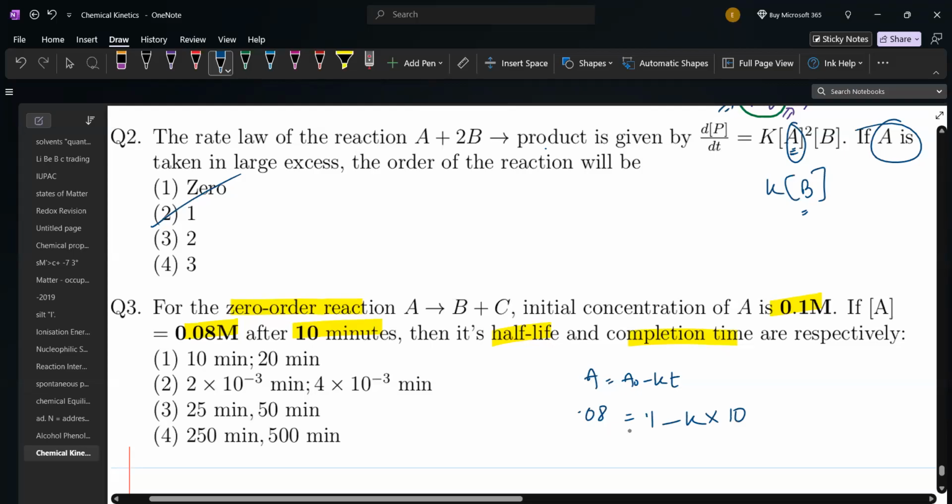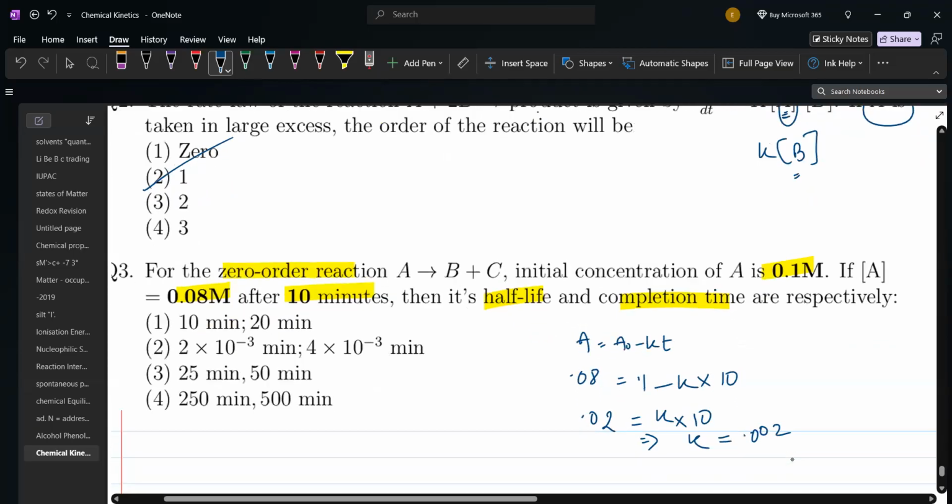So 0.02 is equal to K into T. So K will be 0.02 upon 10, which will be 0.002.